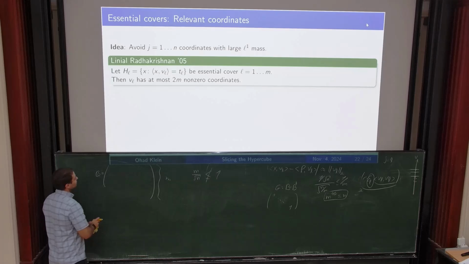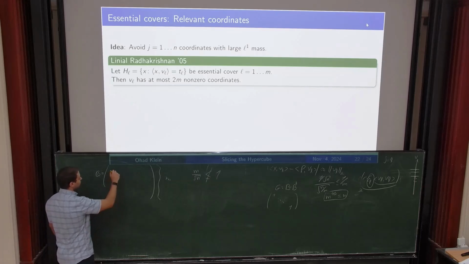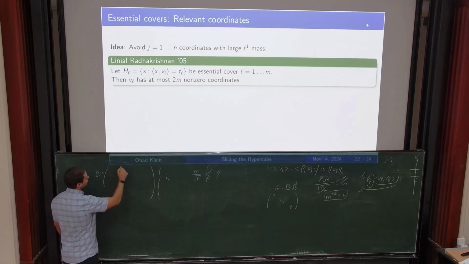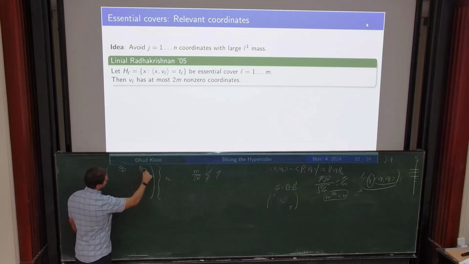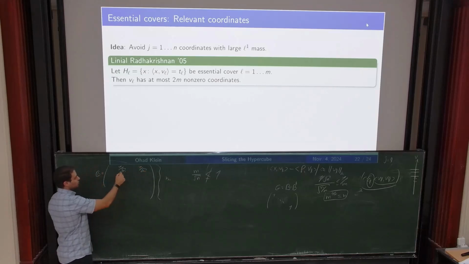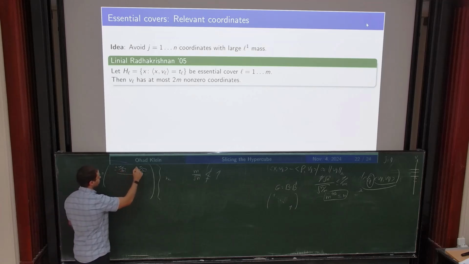In the worst case, each vector will contain about m non-zero values, each of magnitude 1 over square root of n.